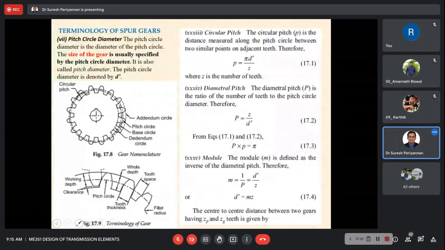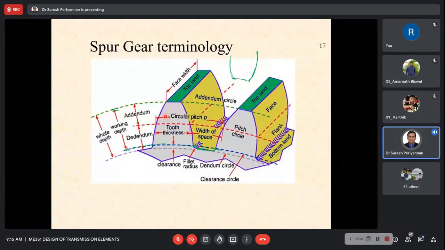Now I come to the circular pitch. We already discussed circular pitch. From here to this is a circular pitch. In general, it depends on the number of teeth. If you know the number of teeth, we can easily find the circular pitch. Suppose more teeth are designed on the circumference of the cylindrical wheel, which is called the gear; more number of teeth means less circular pitch.